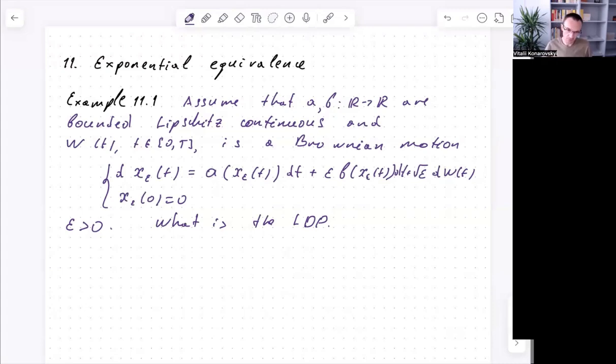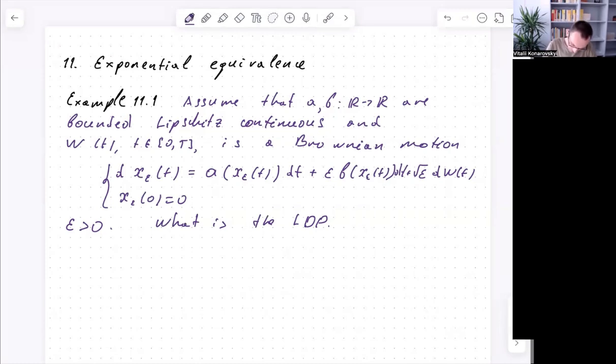But first of all, let's try to understand how far away the solutions of these equations are from the solutions of the equations that we considered before.